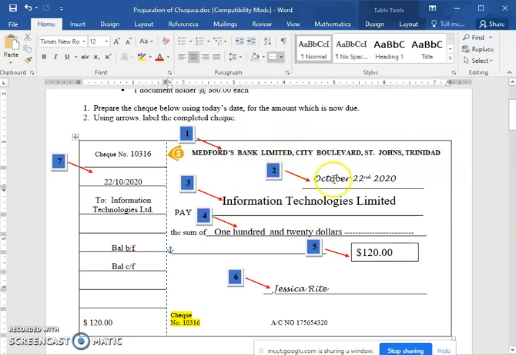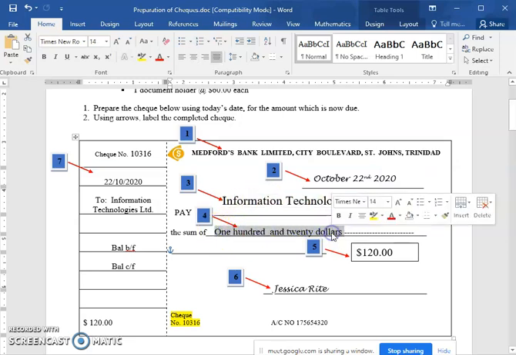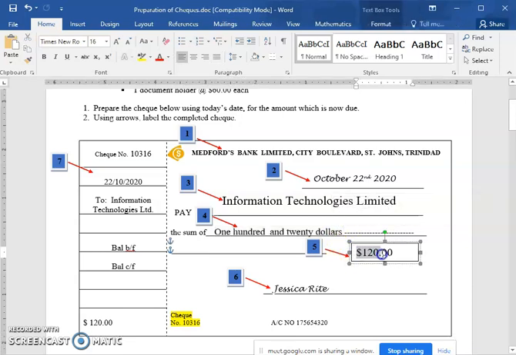Number 2, the date of the check. Number 3, the name of the payee, the person whose account will be credited if it's a cross check where it's going to be deposited into the account, or the person who is going to cash the check. In this case, it's the name of an organization. Number 4, amount in words. Number 5, corresponding amount in figures.